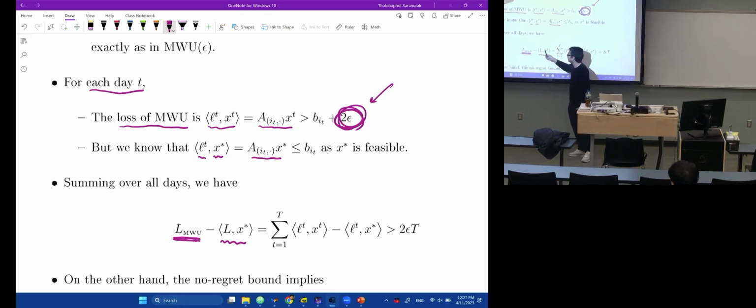So this is the average loss of our expert compared with our total loss. This is just the sum over all days, L_t x_t minus L_t x star. This thing is always bigger than 2 epsilon, right? Just follow from here.